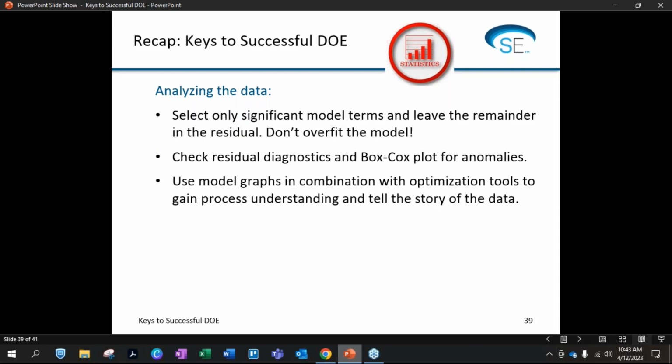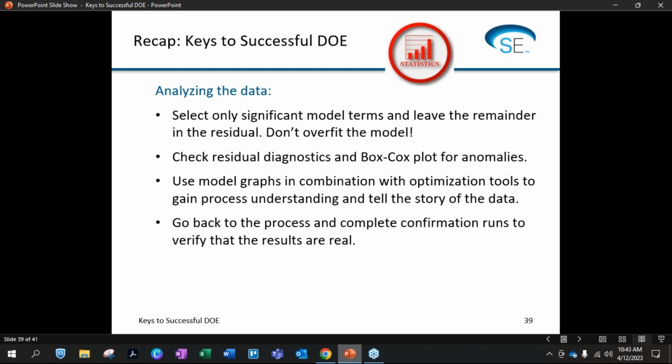Use your model graphs in combination with the optimization tools. Your goal is to gain process understanding and tell the story of the data. You really want to be able to show other people what's going on by choosing good graphs. And then absolutely go back to the process and complete confirmation runs to verify that the results are real.